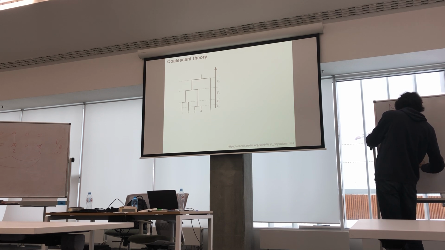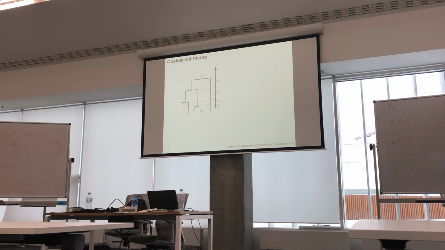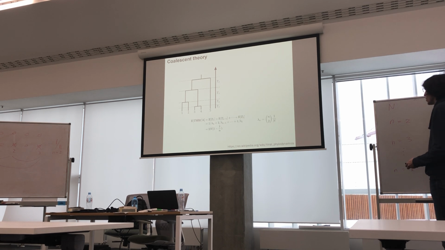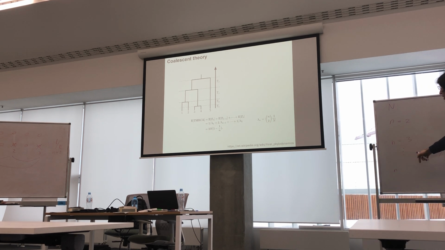Okay. So for a sample of, I don't know, of any size k, the coalescent rate will be this times the number of combinations, that's m, let's just keep it m. We don't need the k, let's keep it m.